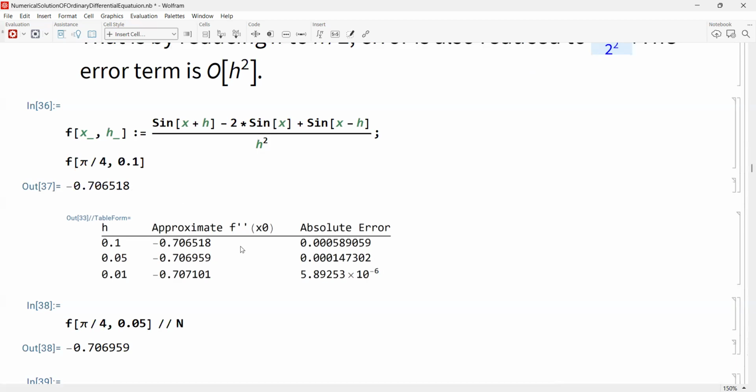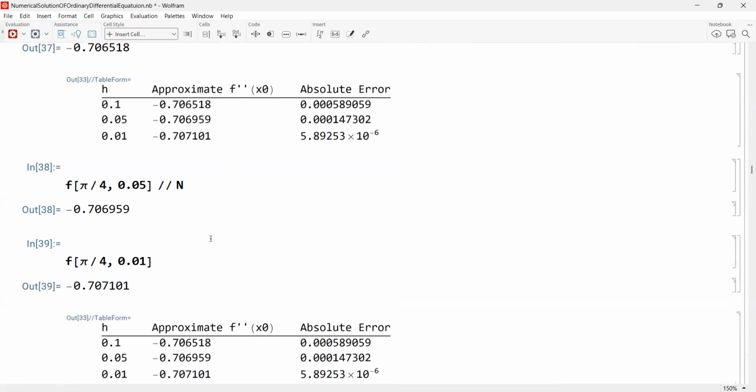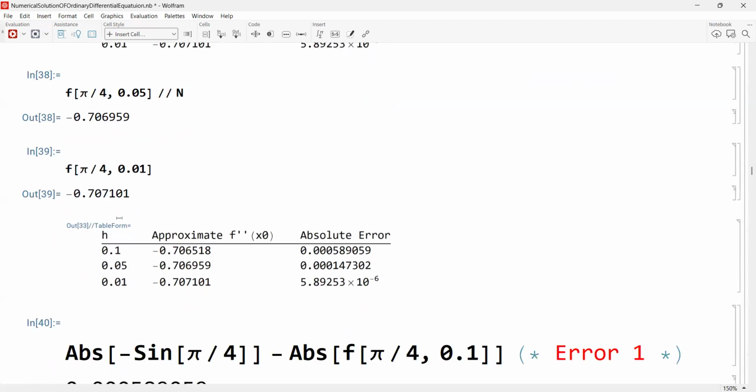Now, if the step size is equal to 0.05, the approximate value for the second derivative is negative 0.7069759. So we have here negative 0.706959.